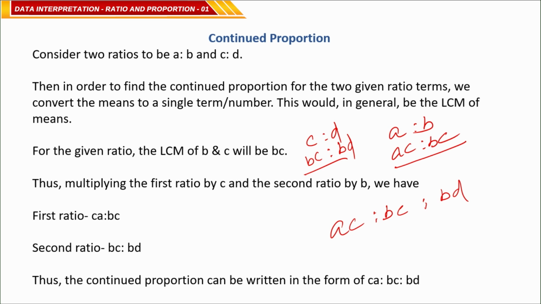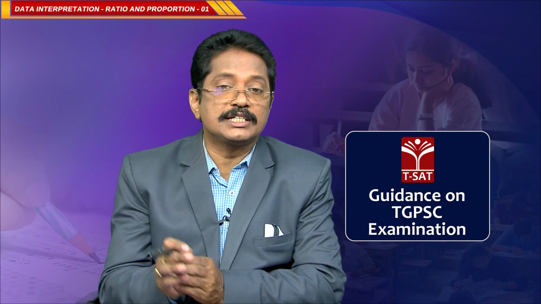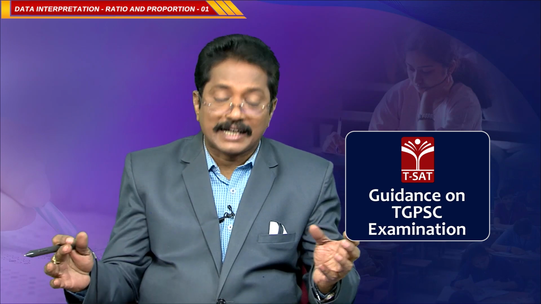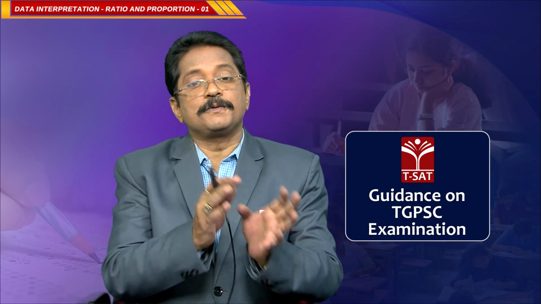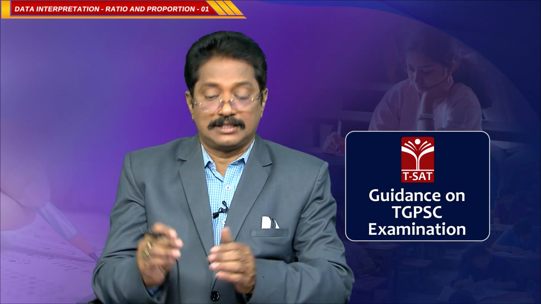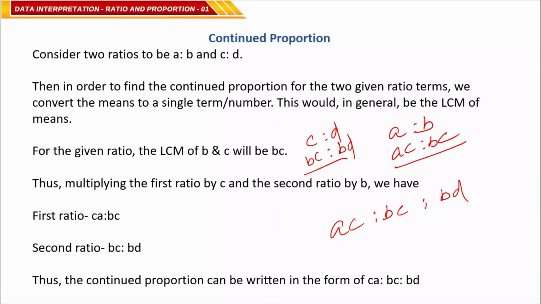So, A is to B is one ratio, C is to D is another ratio. By considering these two ratios, we make a continued ratio, that is, multiply A is to B with C, then it becomes AC is to BC, multiply C is to D with B, then it becomes BC is to BD, then it becomes AC is to BC is to BD.